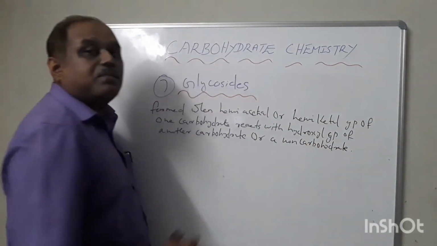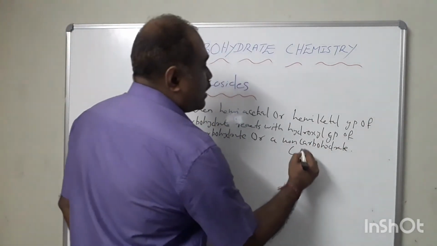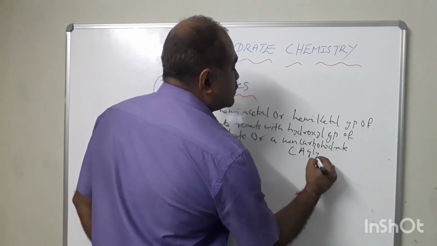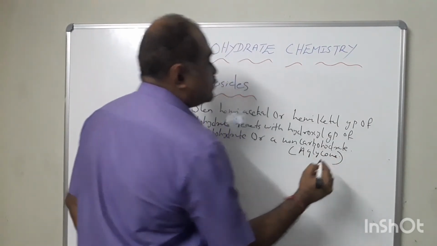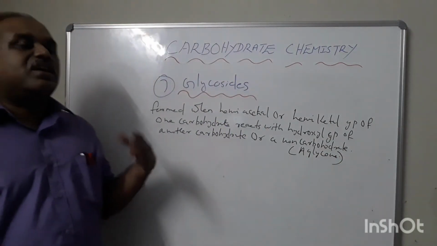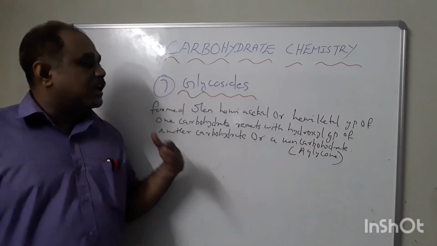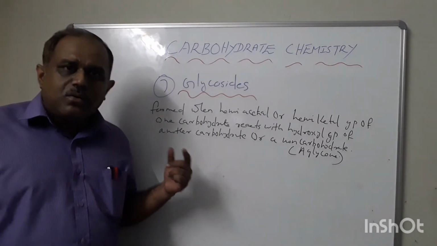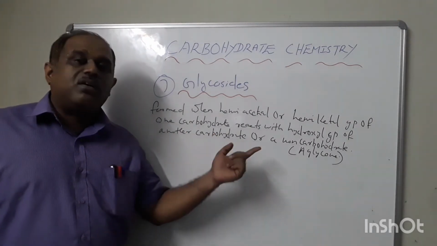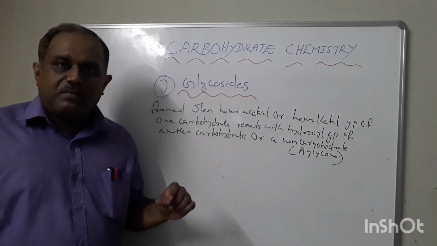If it is a non-carbohydrate, we call it aglycon. So when the hemiacetal or hemiketal group of one carbohydrate reacts with a hydroxyl group of another carbohydrate or a non-carbohydrate, glycosidic bonds are formed.